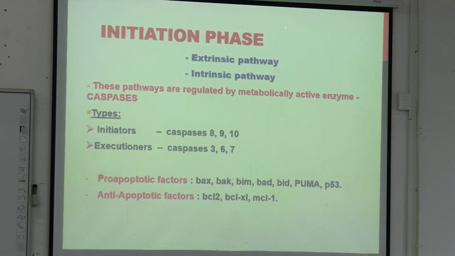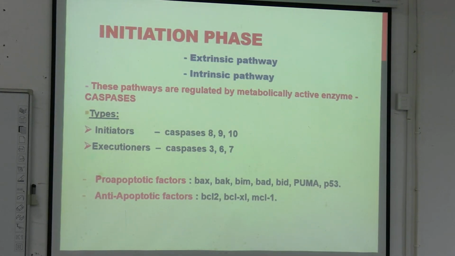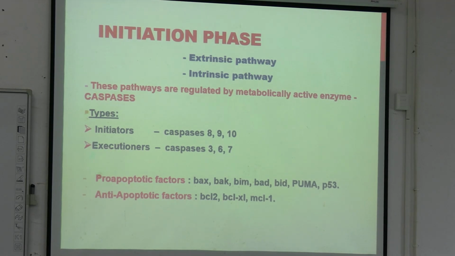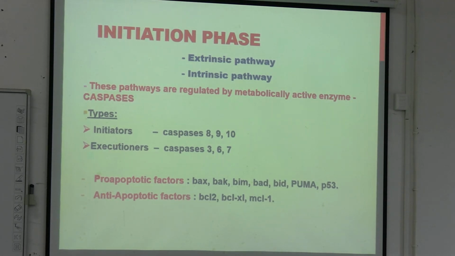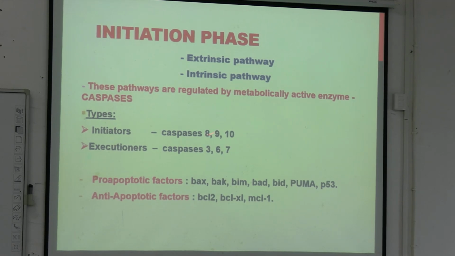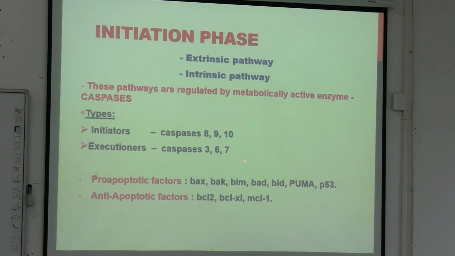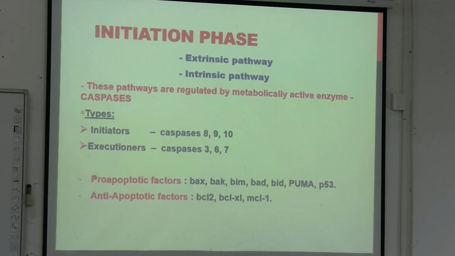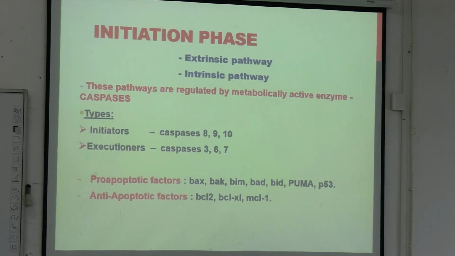So mainly two types of initiation, one is the extrinsic pathway, one is the intrinsic pathway, and two types of caspases are seen. These are metabolically active enzymes. Initiation is mainly done by caspase 8 and 10, and execution mainly by caspase 3 and 6. Besides these activated enzymes, there are some important genes and genetic products, mainly proteins.